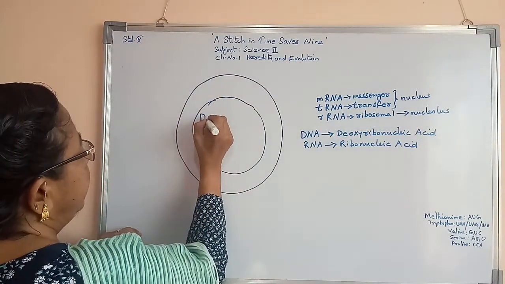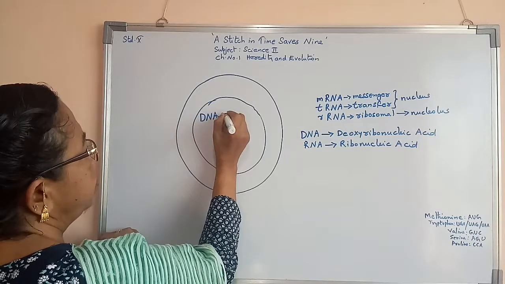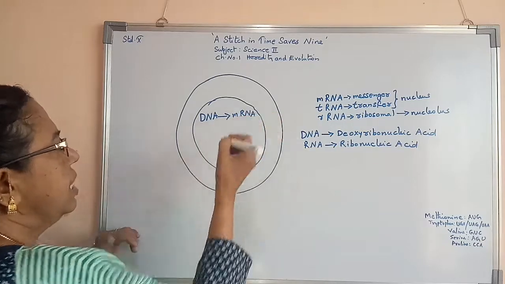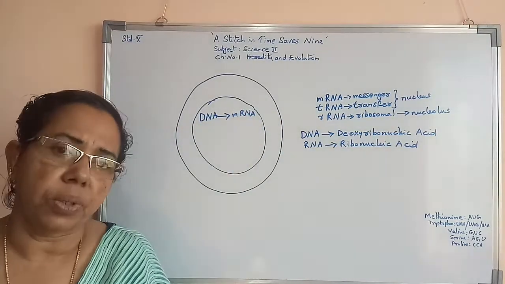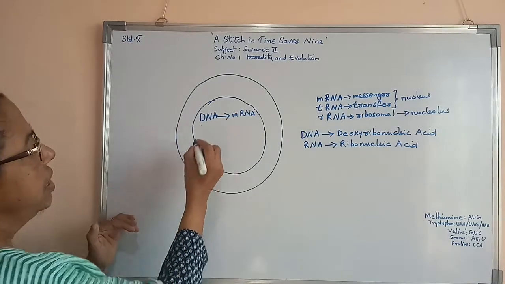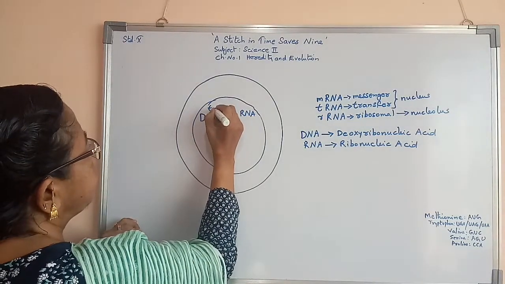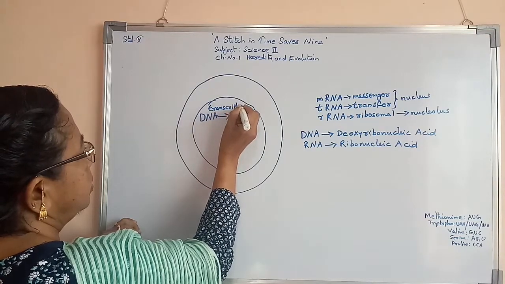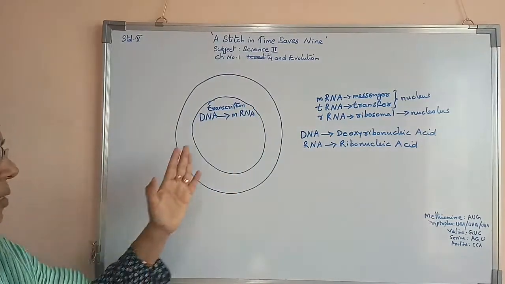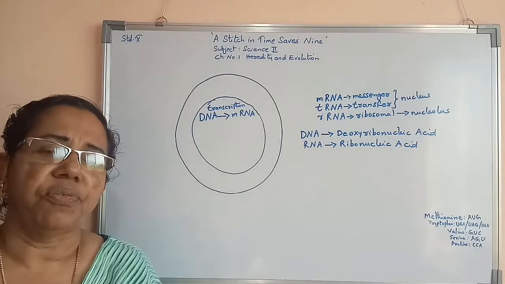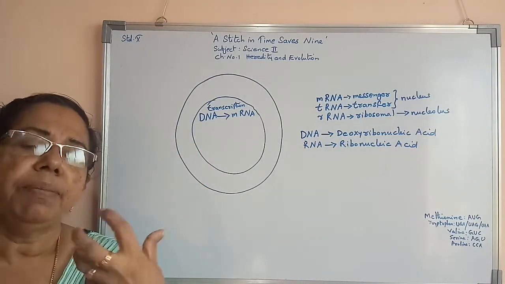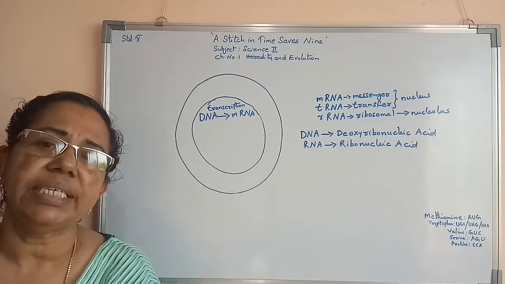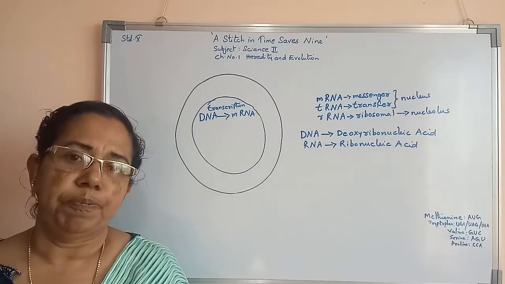At first DNA produces messenger RNA. This is happening inside the nucleus. This process is called transcription. So the production of messenger RNA with the help of DNA is known as transcription.